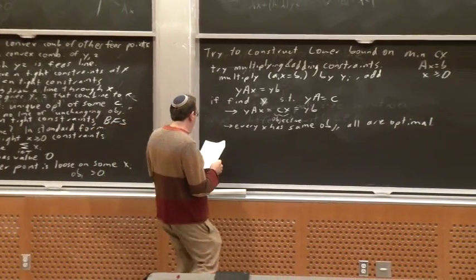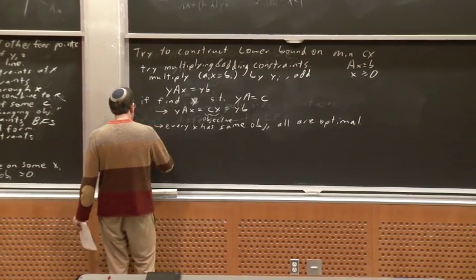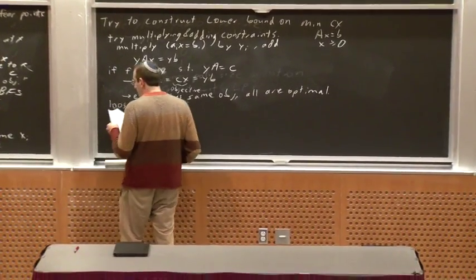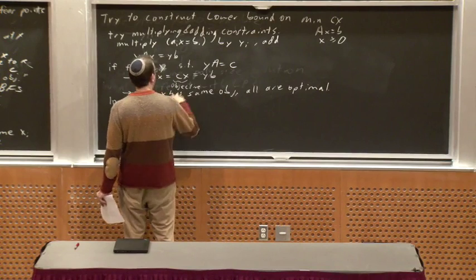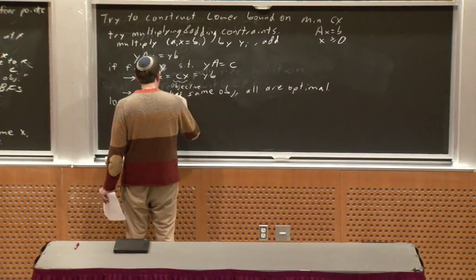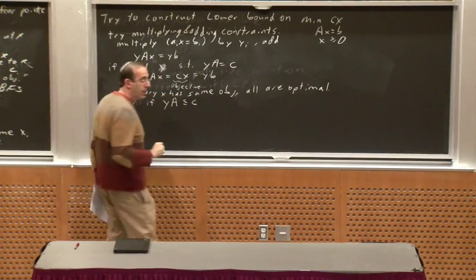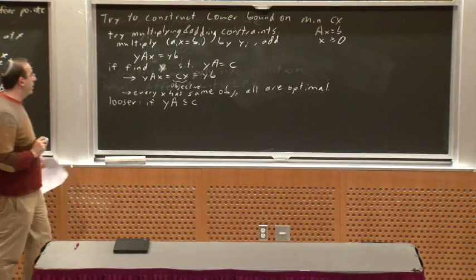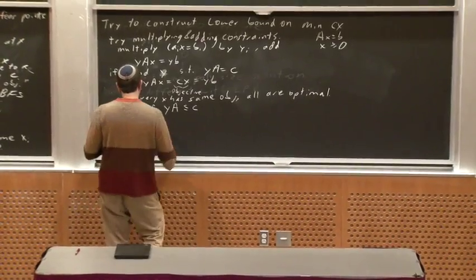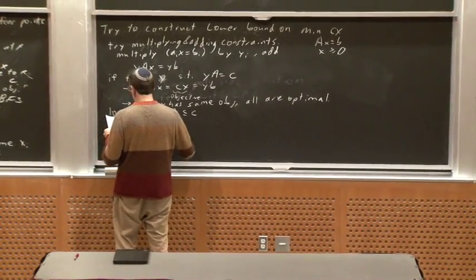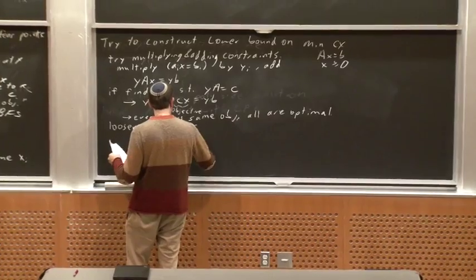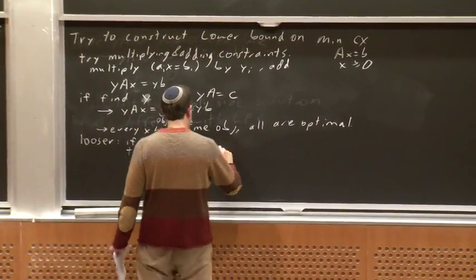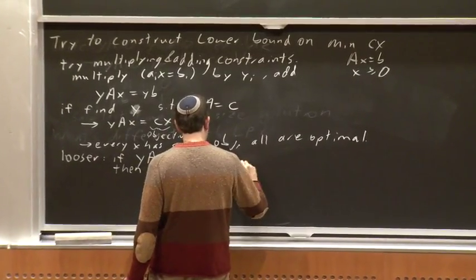Now, in general, we can't do that, but we can aim for something looser. If we ensure not that yA is equal to c, but that yA is coordinate-wise less than or equal to c, then we can conclude that yb, which is equal to yAx, is less than or equal to cx.